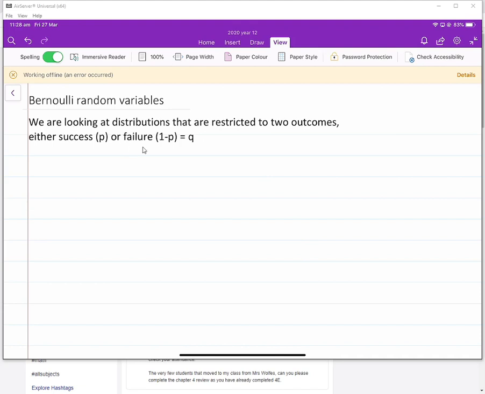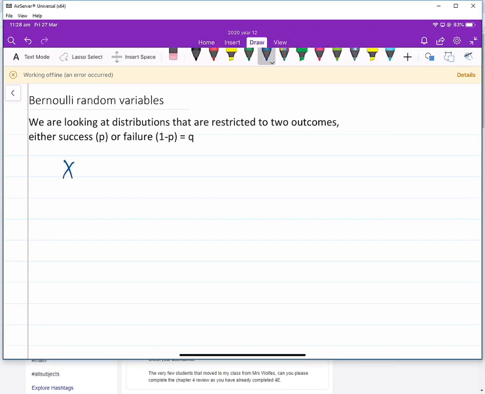The other example could be, if you're trying to hit a board with a bow and arrow, then the arrow is going to either hit the target as a success or not hit the target as a failure. Okay, and what we'll say is that X is Bernoulli distributed.